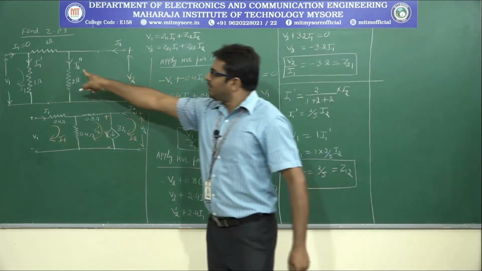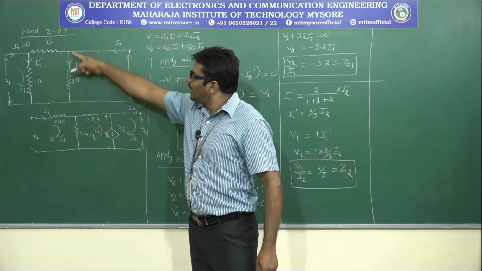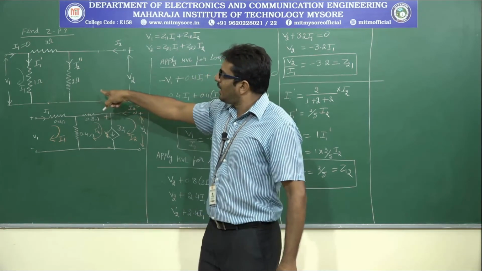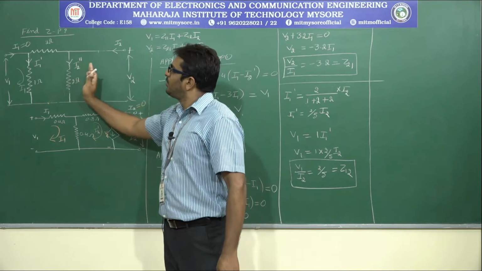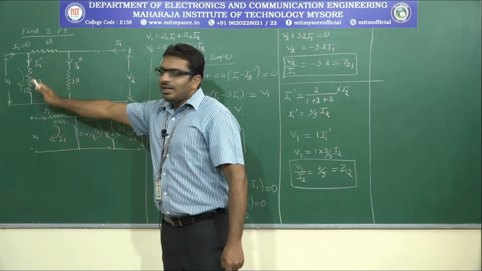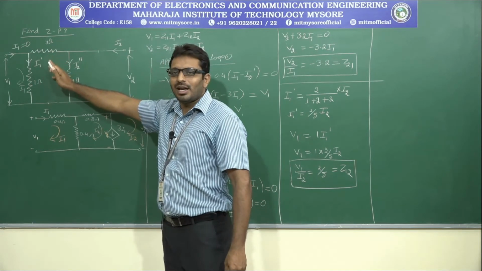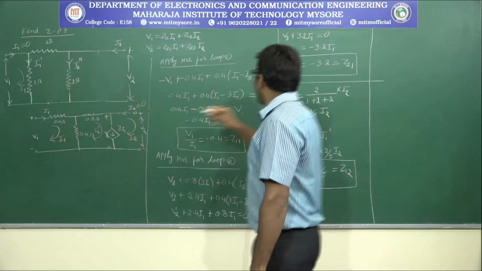Similarly, I2 double dash is nothing but the current through this 2 ohm resistor. So again, by using the current divider rule, I2 double dash is equal to the other side resistance value, that is 1 plus 2, which is 3.